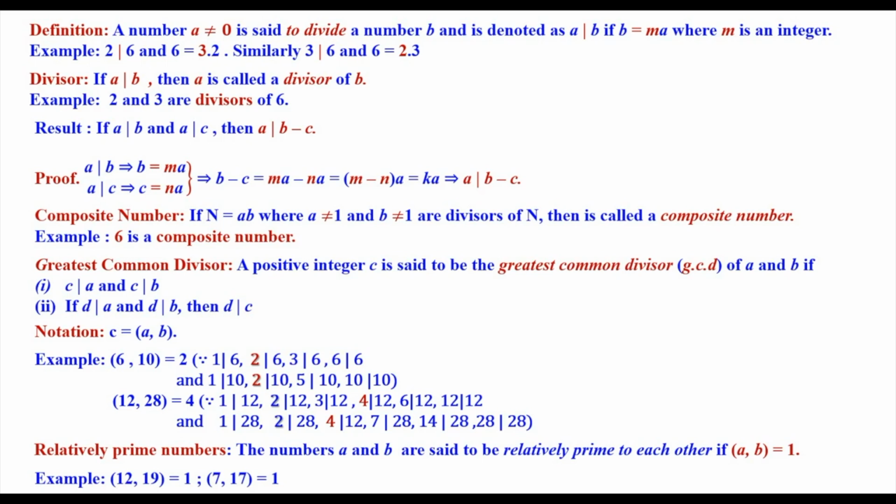So this is an example. If you consider 12 and 19, then you don't have any number common to them other than 1. Similarly, if you consider this, 1 is the only common divisor. So two numbers are said to be relatively prime if the GCD is 1.